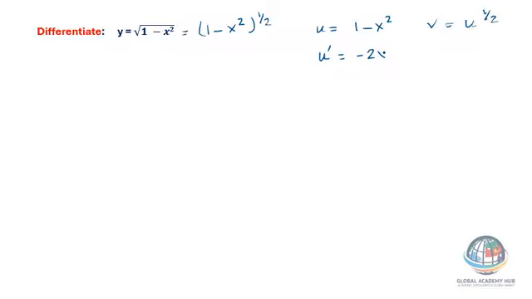So this is minus 2x. Differentiate the v. I'm going to have 1/2 u raised to the minus 1/2 power, which when rewritten is going to be 1 over 2 square root of u.